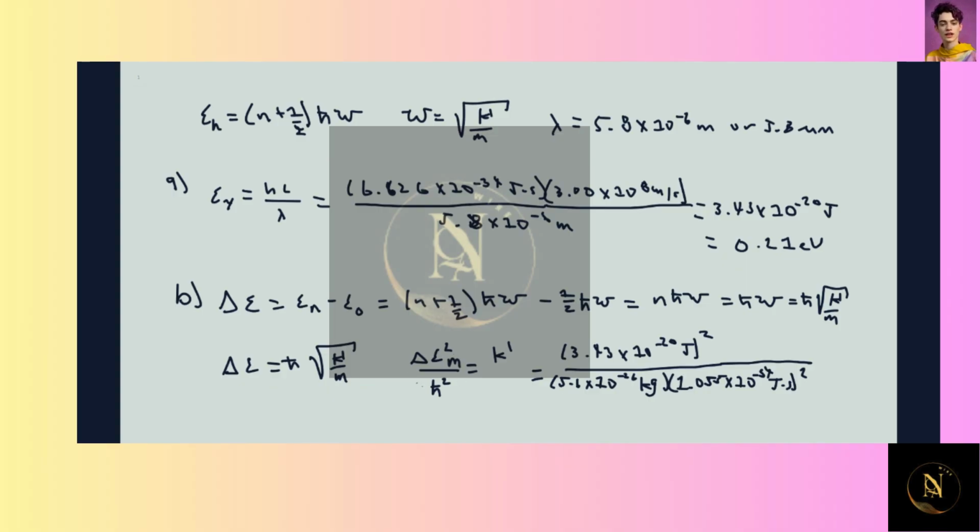Delta E squared times the mass, which is 5.6 times 10 to the minus 26 kilograms, divided by h bar squared, which is 1.055 times 10 to the minus 34 joule seconds squared.